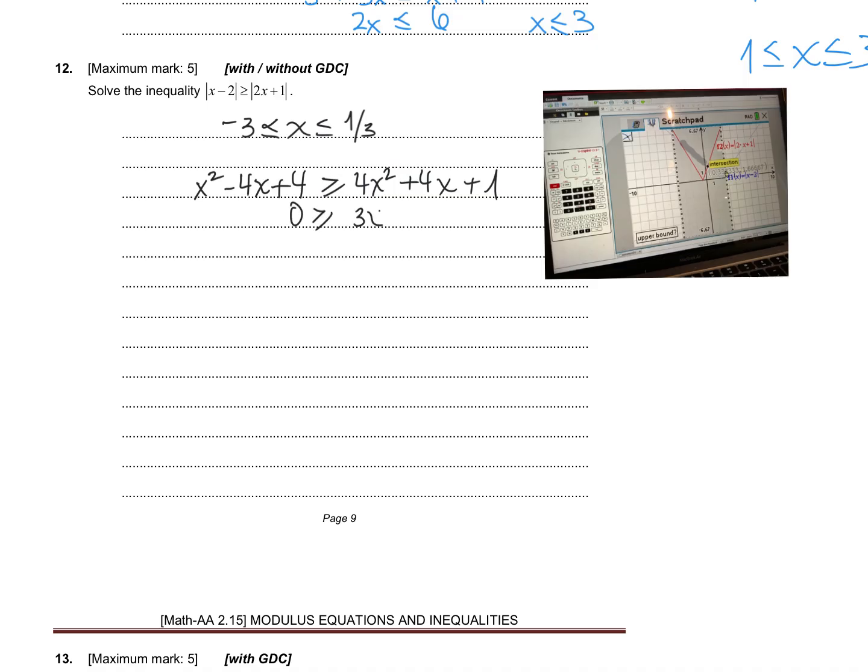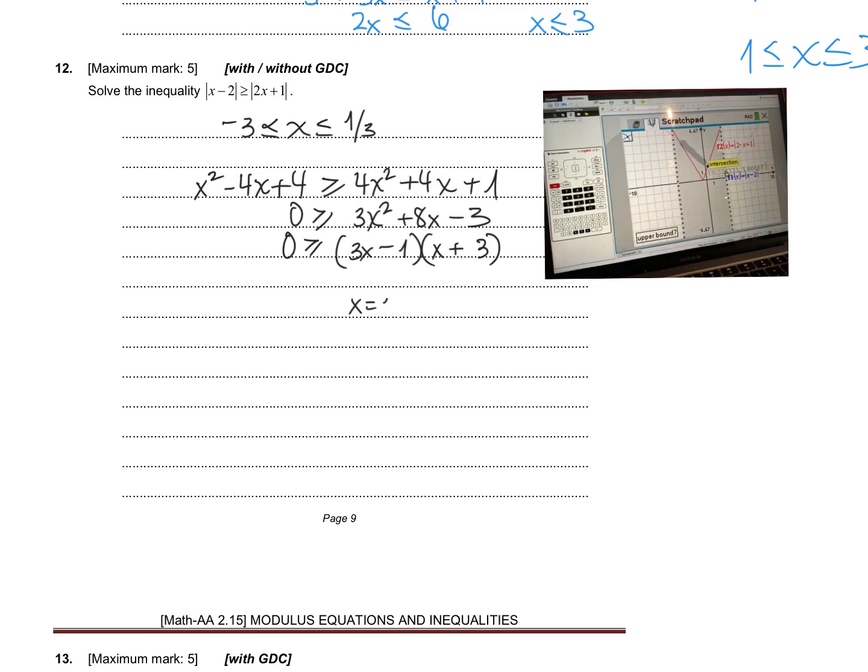So 3x squared plus 8x minus 3, and then we can factor, and we need a positive 8, so we need plus 9 minus 1. So this is back to a couple lessons ago.